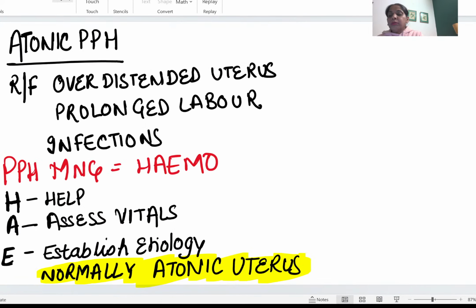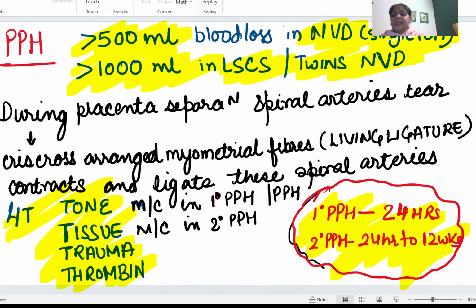Now as the most common cause of PPH is atonic PPH, we are going to discuss only that. Because what is in the other causes? Retained tissue, retained placenta, we have to remove it by DNC. It is so simple, right? Trauma, if there is any laceration, we have to stitch that laceration.